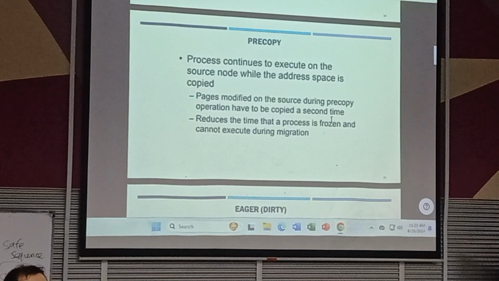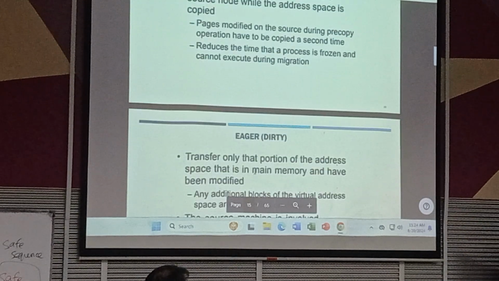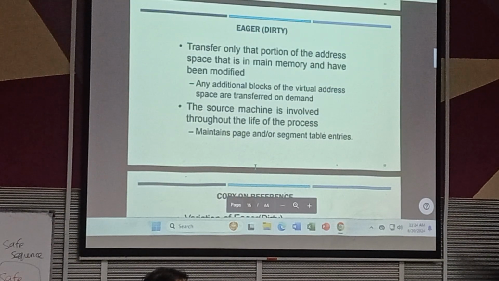So you might be transferring more than eager all. But from the user's perspective, it's much smoother compared to eager all, because with eager all, the user has to wait. Here you don't have to wait. So it reduces the time that the user experiences the program being frozen.